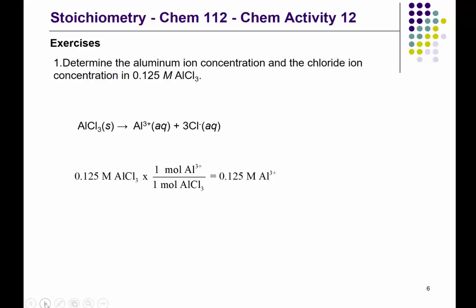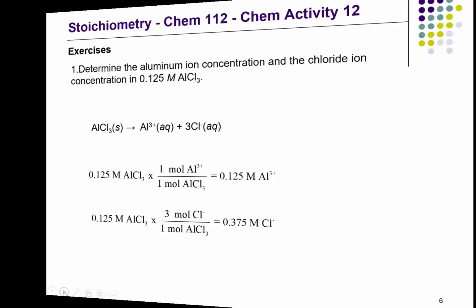So the concentration of aluminum ions is 0.125 molar. In a similar fashion, the concentration of chloride ions will be 3 times that value. Again, for every 1 aluminum chloride unit, there are 3 units of chloride ions. We'll do some of the other calculations in this activity in our live sessions. I'd like to move on to the next concept.